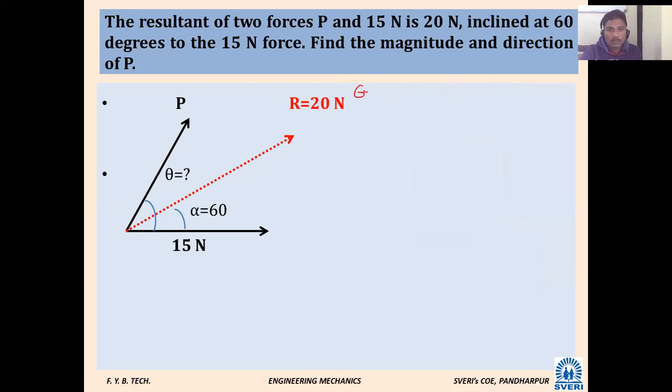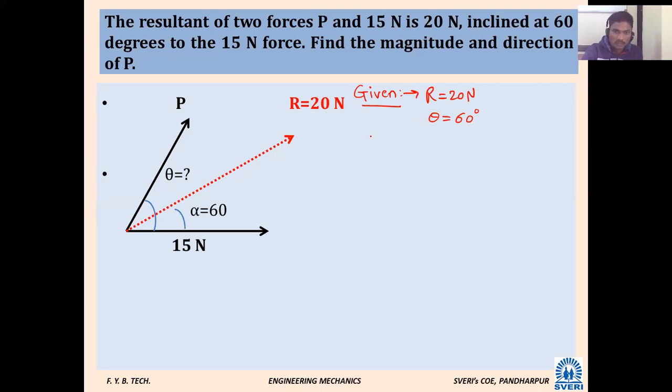R is equal to 20 Newton, and theta is also given. We will say theta or alpha, whatever, 60 degrees. 60 degrees is given, and there is an unknown force.